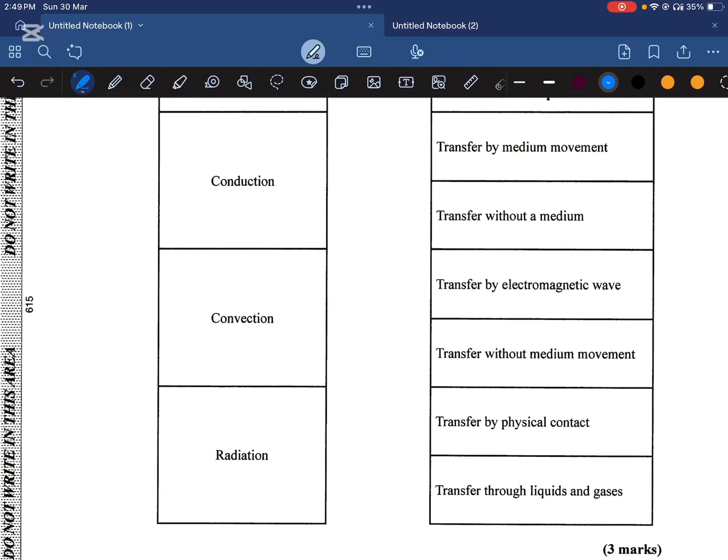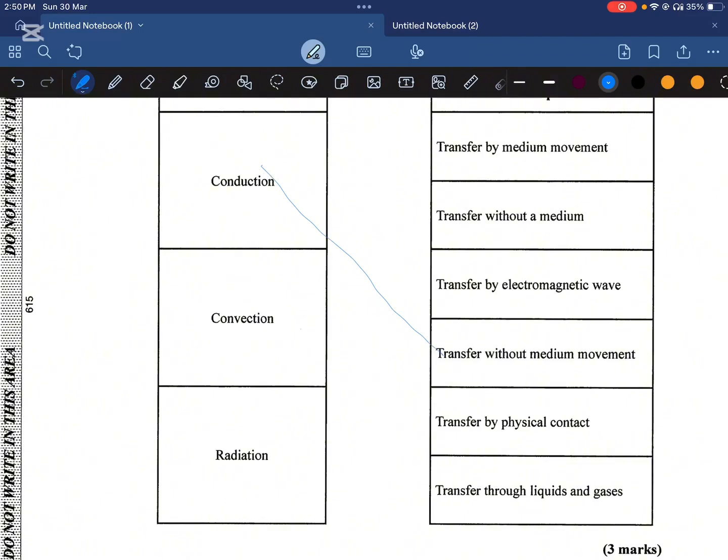Conduction, we know, can be transferred in mostly solid objects. It needs a medium, right? And here we go, we have a proper definition here: transfers without the medium moving, because it requires only free charges to move the heat along.